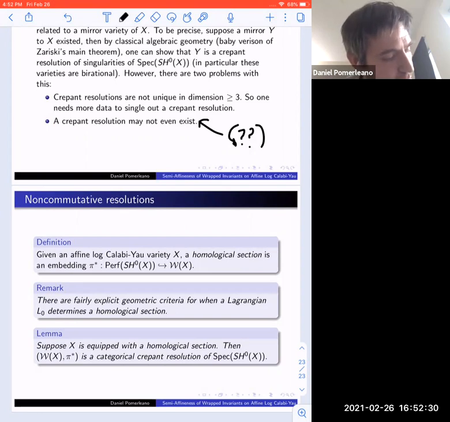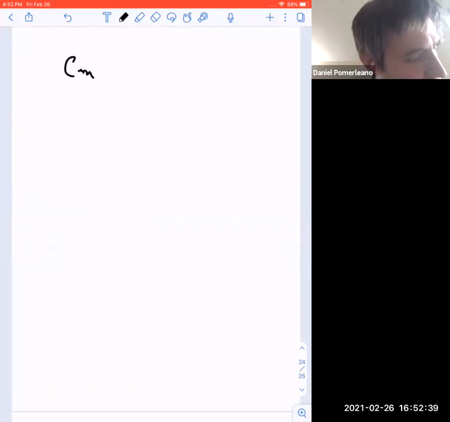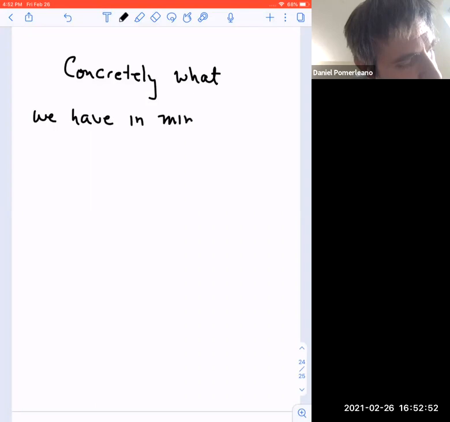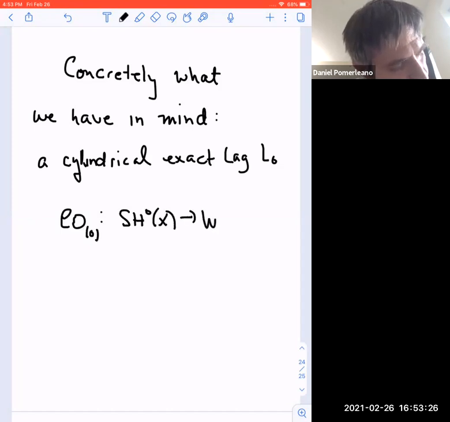So concretely, what I have in mind is an object, which would be a cylindrical exact Lagrangian L_0, so that this closed-open map, you can look at its zeroth-order piece, from SH^0 of X, in degree 0, to the wrapped Floer cohomology of L_0.